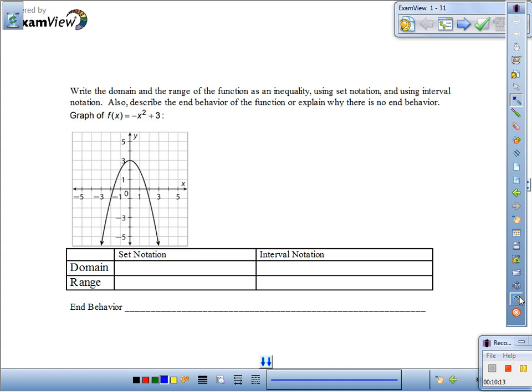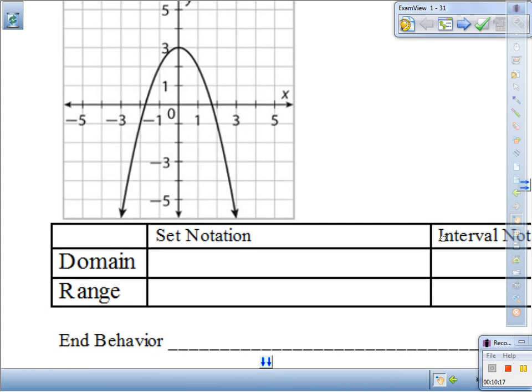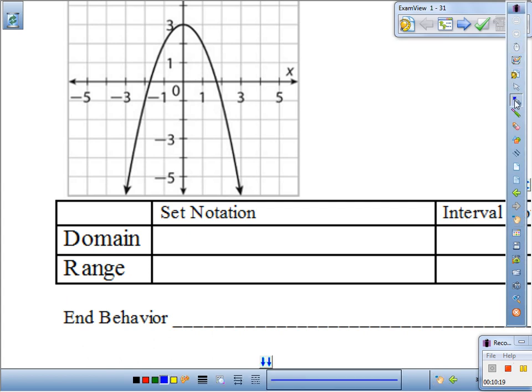Let me zoom in. Okay, look at the graph. We have two ends of this graph, this end and this end. I'm going to start with this one right here.